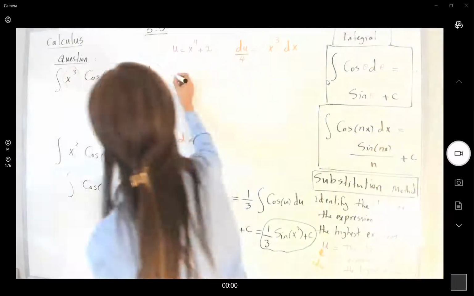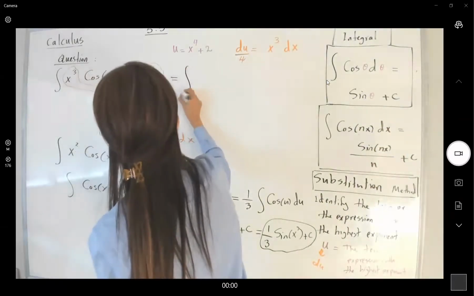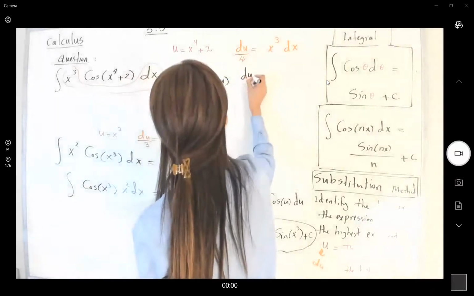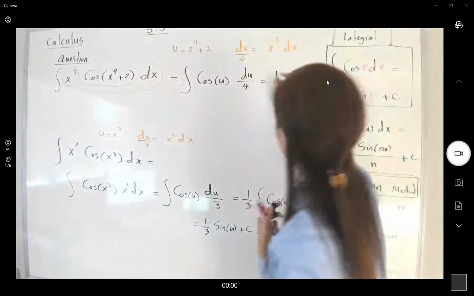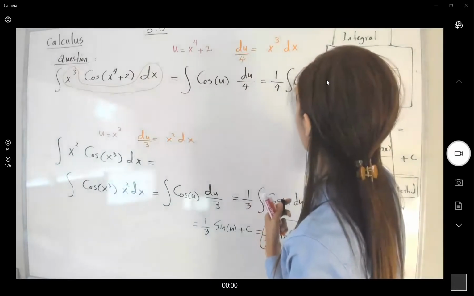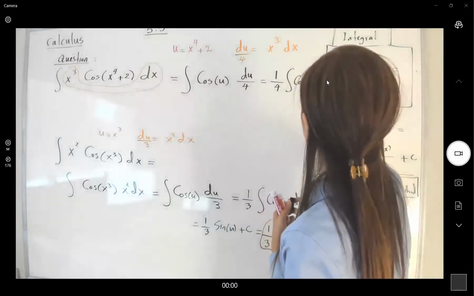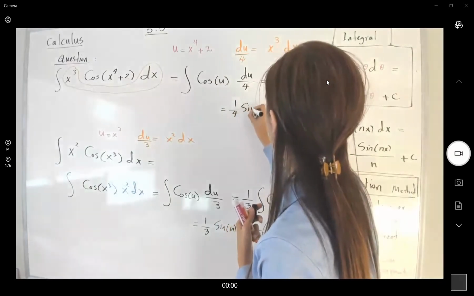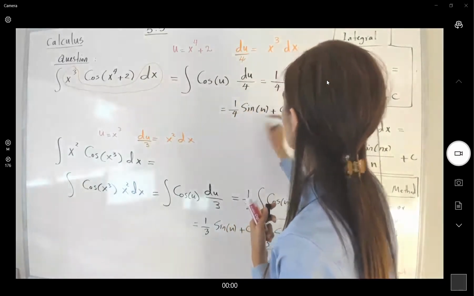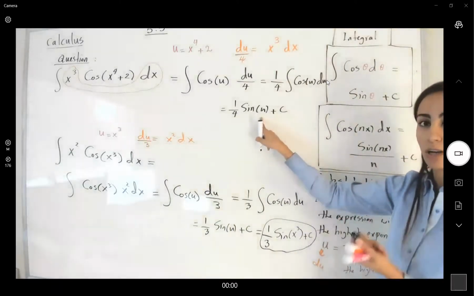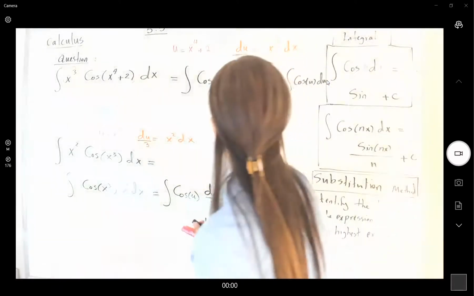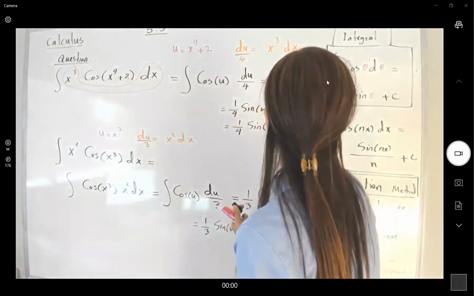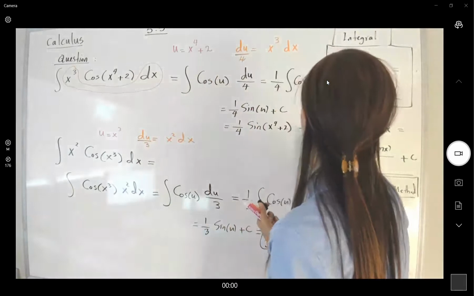This integral can be written as the integral of cosine of u du over 4, which is a 4th times the integral of cosine of u du, which is equal to a 4th sine of u plus c. And since the original question was in x, you can just write this as a 4th sine of x to the 4th plus 2 plus c.